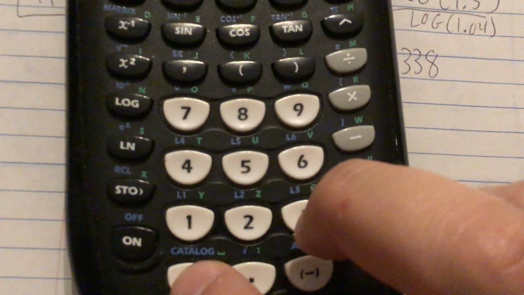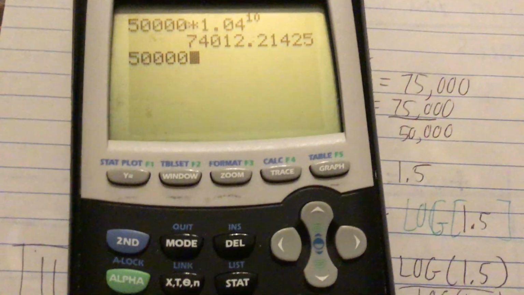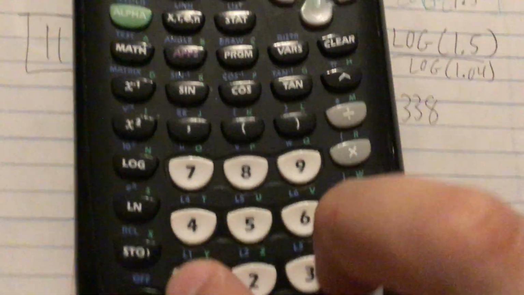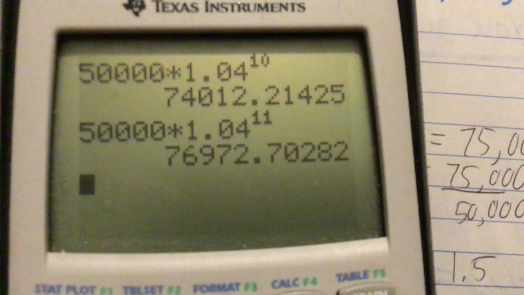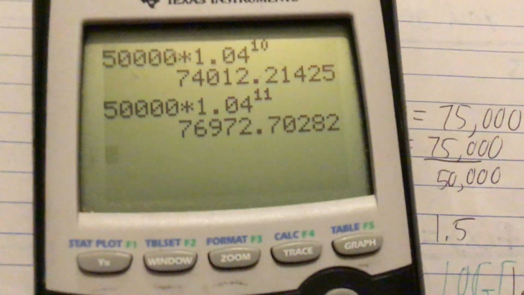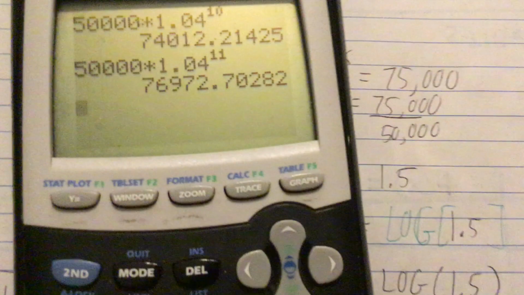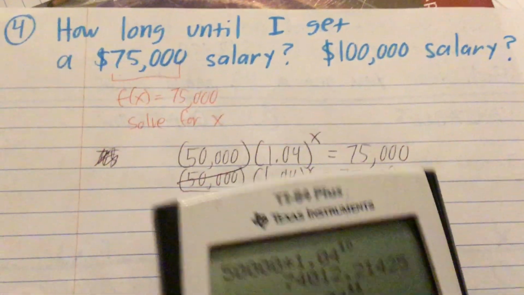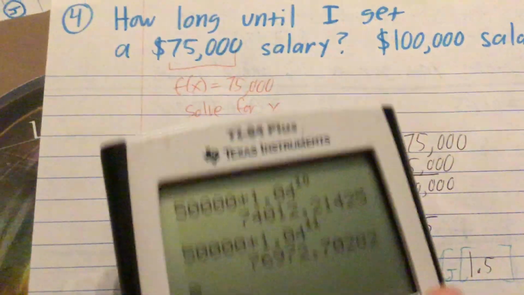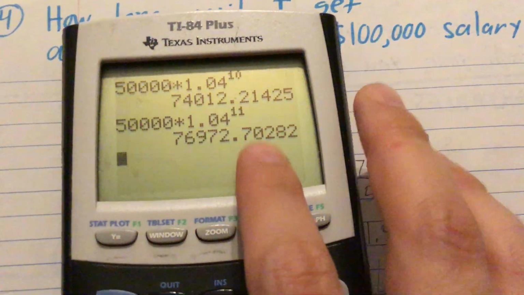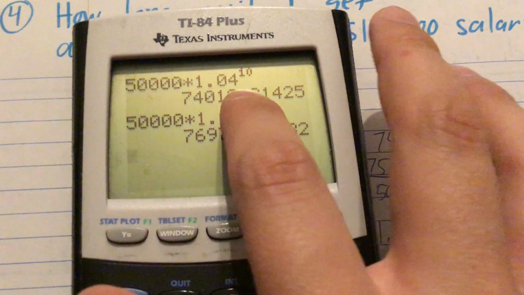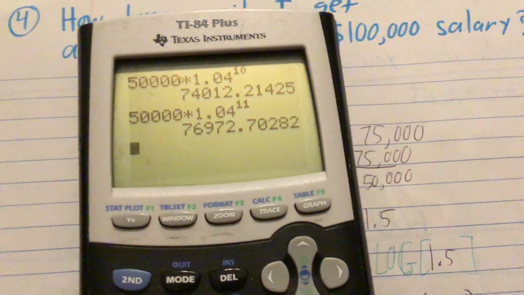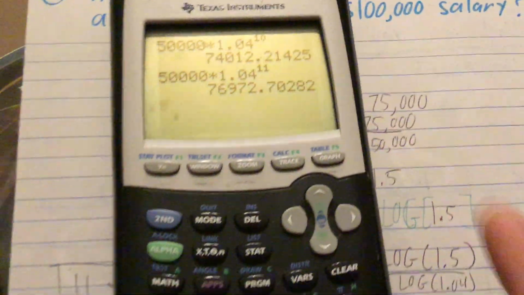However, if you do 50,000 times 1.04 to the 11th power, you're going to get higher than $75,000. So the question is asking, how long until you get at least a $75,000 salary? Well, you'd have to go into year 11. It'd be more, but year 10 would be less than $75,000. Does that make sense? Just show the work and go, okay, well, which one will get me at least $75,000?